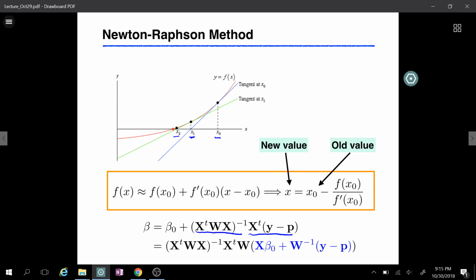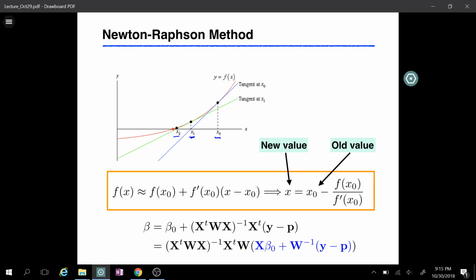You get two negative signs, so you get a plus now. So this is the updating formula. If you're at the current value beta 0, you can update your beta by this summation. So you get your new beta and you keep doing this.